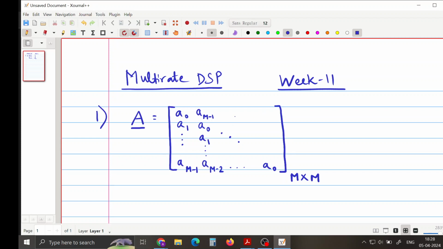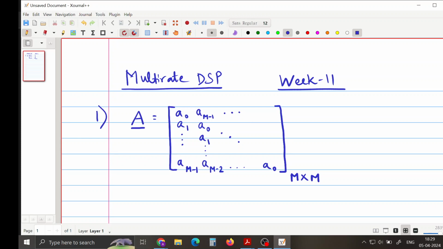So what about the last column? So this continues like this. In the last column we have A0 sitting here. If you observe the principal diagonal of this matrix, all the elements of the principal diagonal are equal to A0. And in fact, if you observe any of the diagonals other than the principal diagonal also, the entries are constant. So sometimes these circulant matrices are also known as constant diagonal matrices.